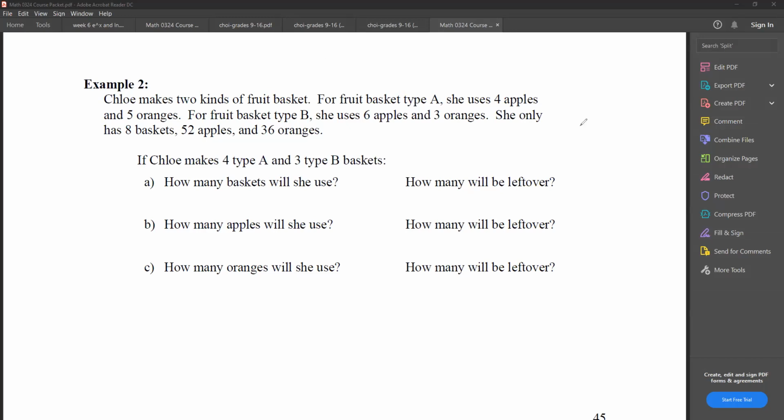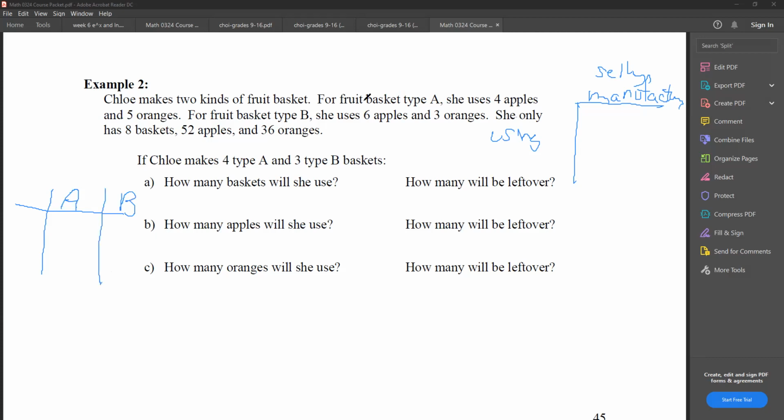The way that I make my tables is I put up on this axis what I'm manufacturing, what items. In this case, it's baskets type A and type B. Or what I'm selling, let's put it that way. And here I'm going to write what I'm using. I'm going to make a little table, which will help me organize my data. The type of basket we have is type A and type B. That's what I'm selling, baskets.